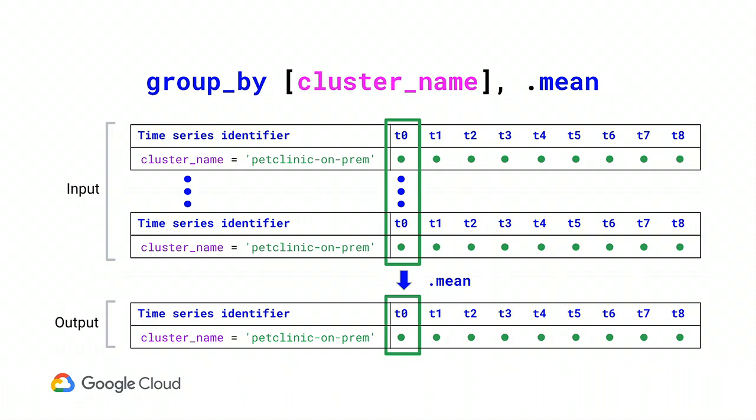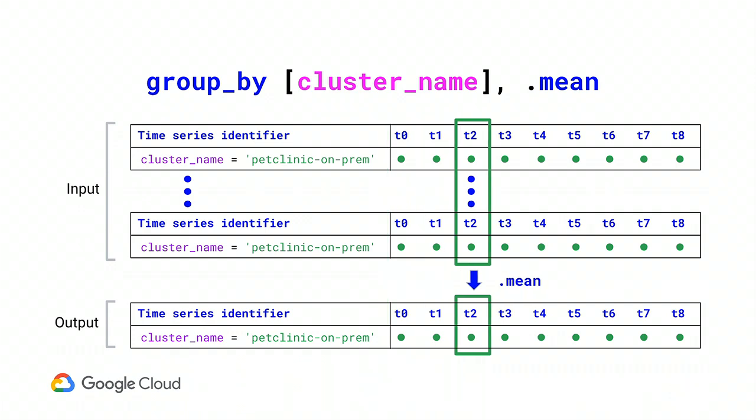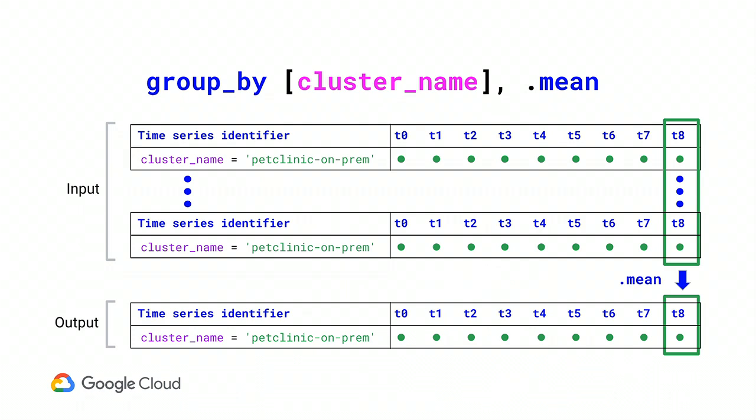And that goes into a point in the output table with the same timestamp and the mean value. And we keep doing that at each timestamp until we get to the end of the table, at which point we have one output time series for the output table.